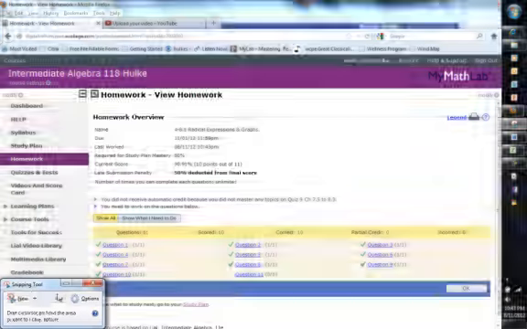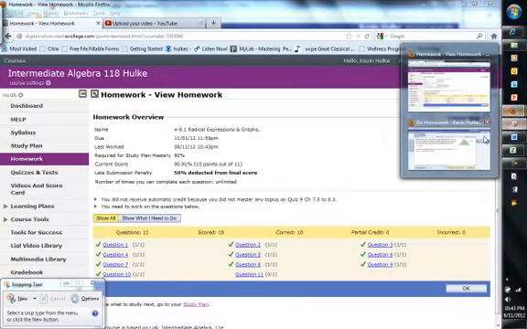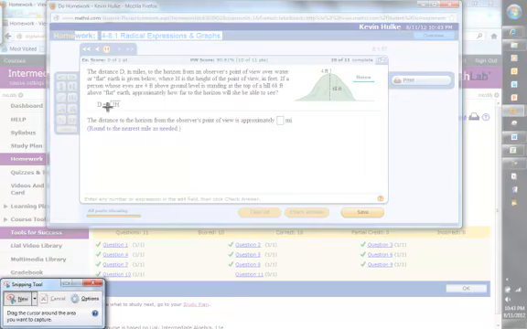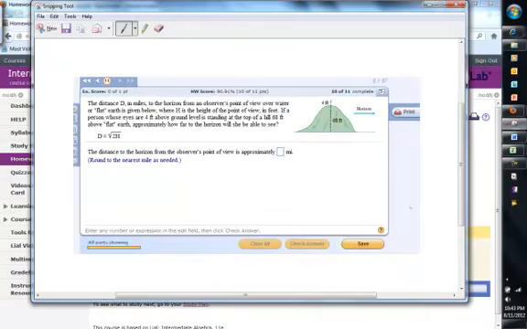The distance d in miles to the horizon for an observer point of view over water or flat earth is given by d equals the square root of 2h, where h is the height of the point of view in feet. A person whose eyes are 4 feet above the ground is standing on top of a hill 68 feet above flat earth. How far to the horizon will she be able to see?